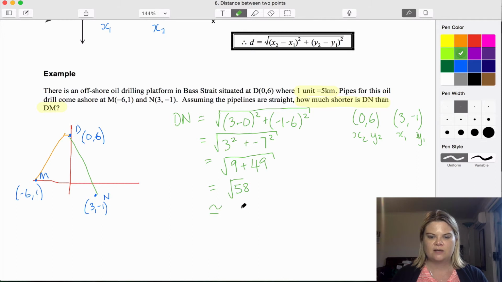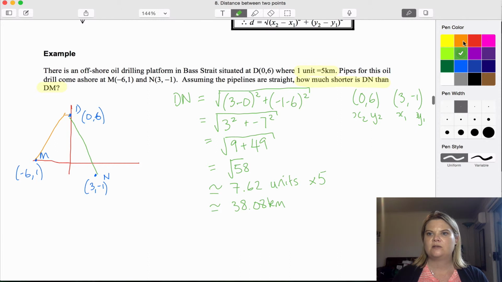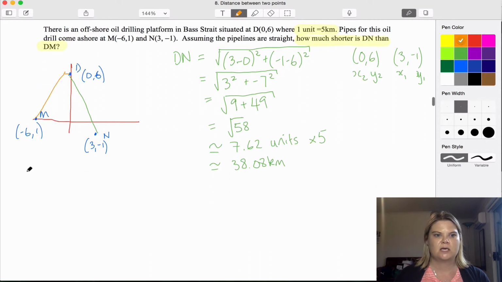And in your calculator, that is approximately 7.62 units. And this is where it will be useful to see 1 unit is equal to 5 kilometers. So we need to times this by 5 to get the length of the pipe is approximately 38.08 kilometres. So that's DN.